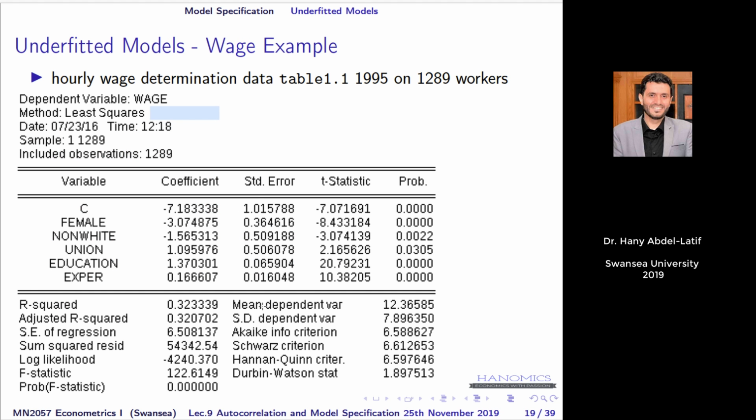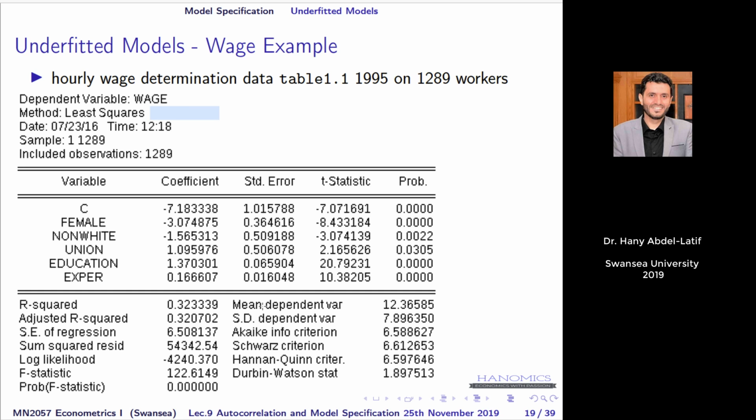So first, an example with omitted variable bias. Let me assume that we want to estimate a model for hourly wage, and I'm going to include some variables, and I will assume that these are not everything, so there are other variables that should be included too.